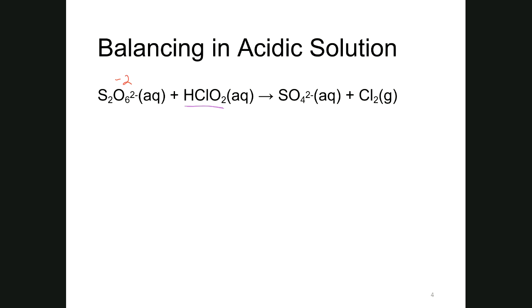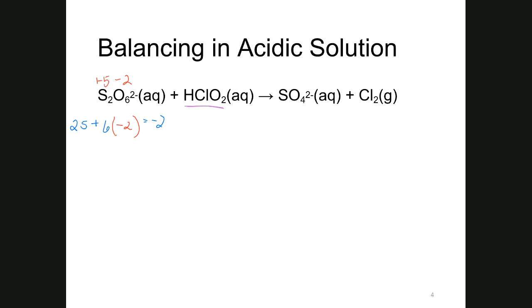So to figure out our sulfur, we can create our little equation. We have 2 times sulfur plus 6 oxygens, each oxygen with a -2 oxidation number, is equal to a -2 overall charge. So when we do that, we should end up with a sulfur that has an oxidation number of +5.